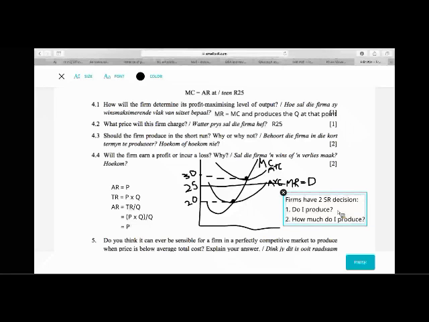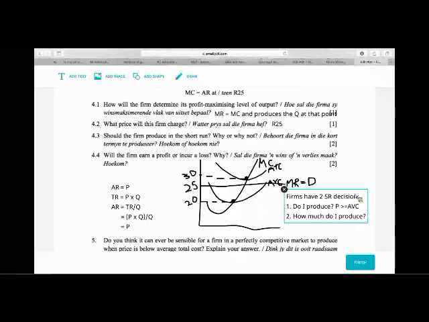So the decision about do I produce is about how does price compare to AVC. As long as your price is greater than or equal to AVC, then it makes sense for you to stay open because at least you can cover the cost of being open, the variable cost. If your price was exactly equal to AVC, you could decide to shut down because whether you stay open or shut down, you make the same loss.